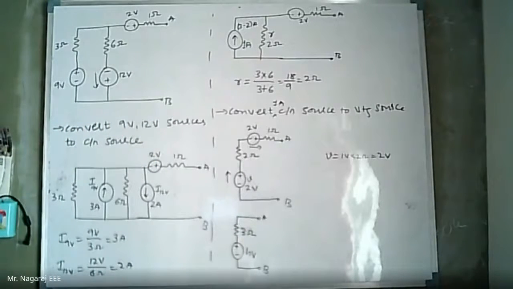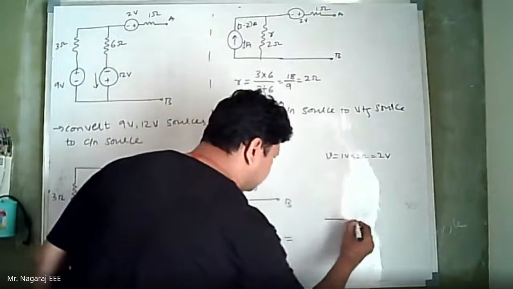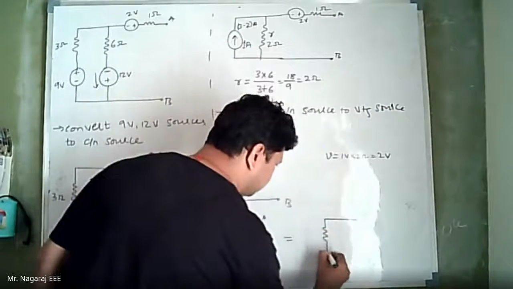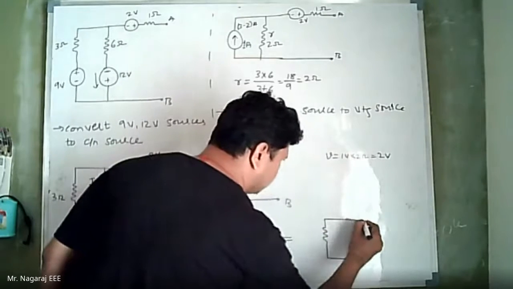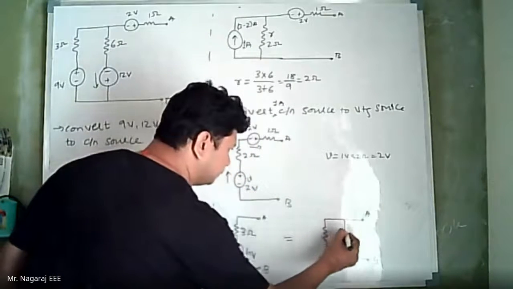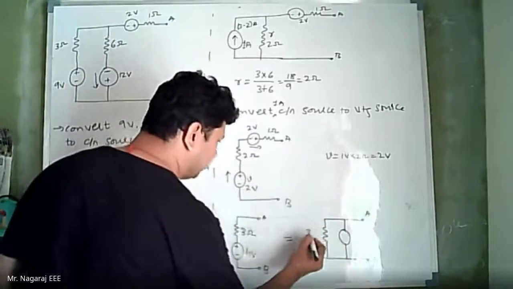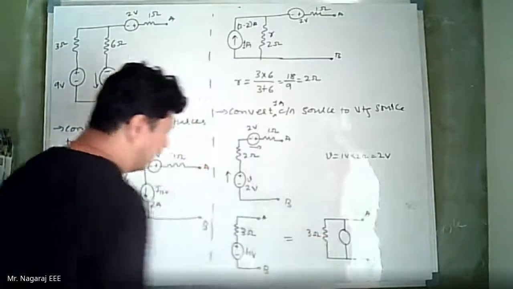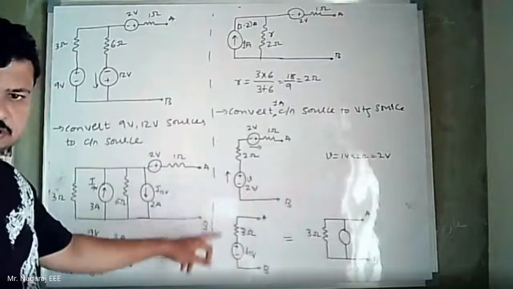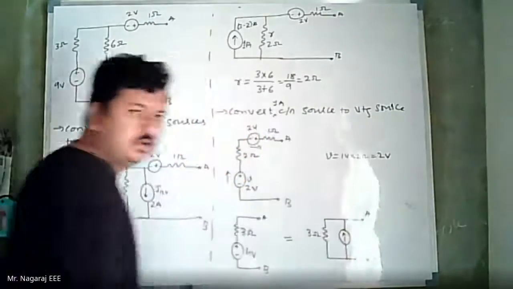Okay. Now convert this into a current source. Simple. Between A and B, the resistance will be 3 ohms, and the direction of the voltage source is upwards. The positive sign is upward. Therefore, the direction of the current source will also be upward.